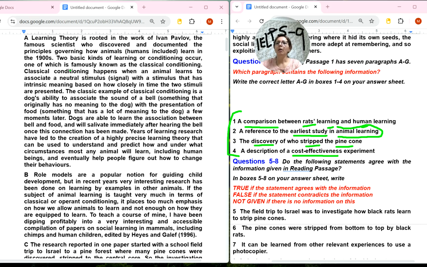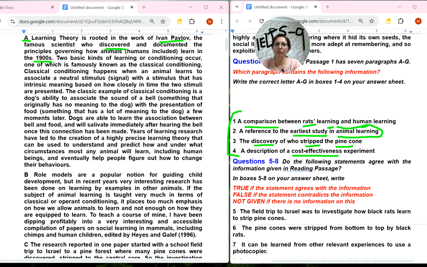Now I have gone through all four questions of which paragraph contains the following information. Now we will be reading paragraph A. So this is paragraph A, and let's read. Learning theory is rooted in the work of Ivan Pavlov, the famous scientist who discovered the now discover word is here. So if pine cone is there and striped word is there, then definitely this will be the answer. But as I told you, earliest study means historical things, they usually talk in paragraph number 1.